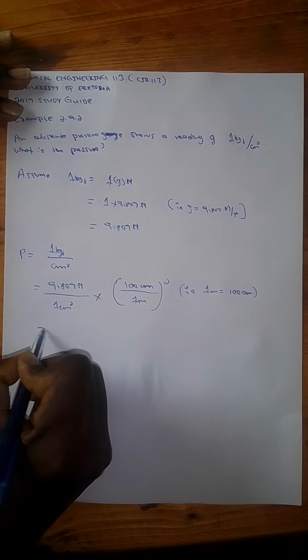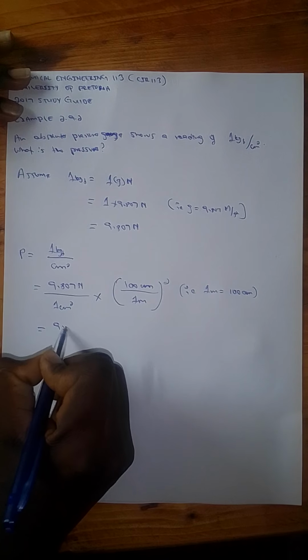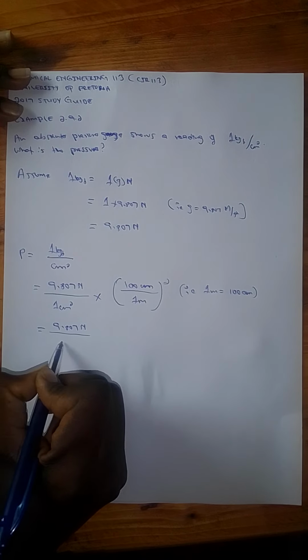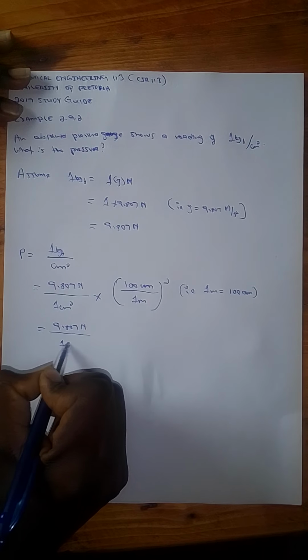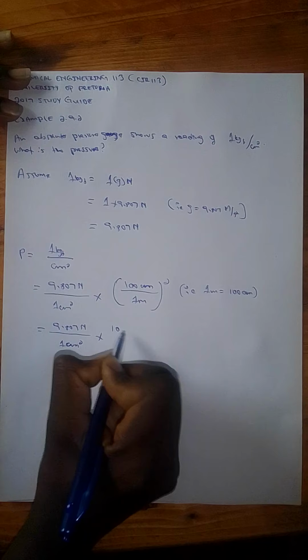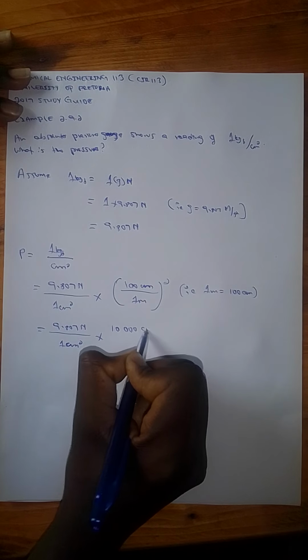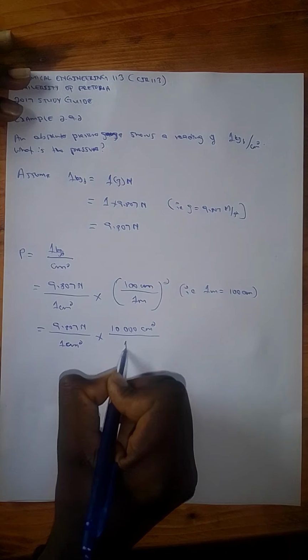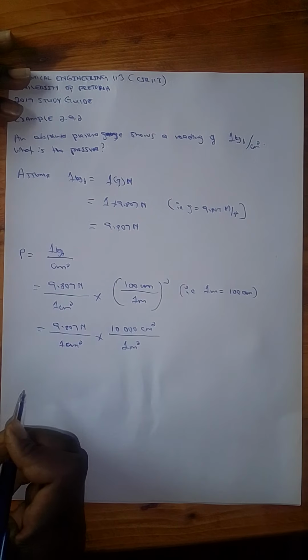So now this equals 9.807 newtons. As I do it step by step, all over 1 centimeter squared multiplied by 10,000 centimeters squared all over 1 meter squared.